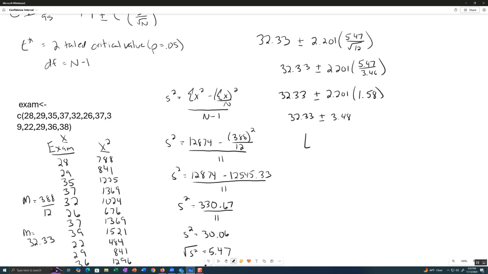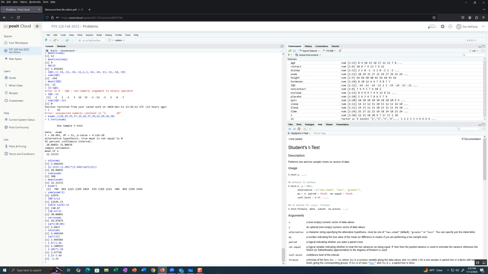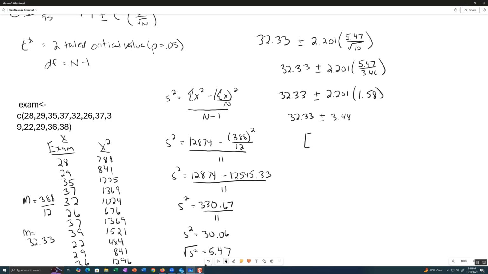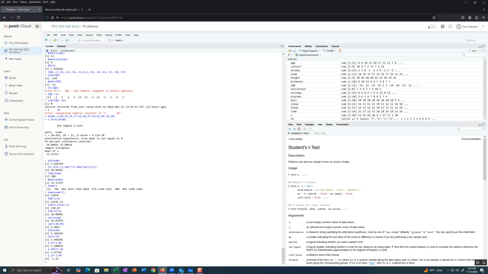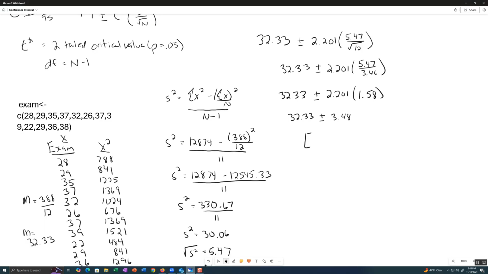So now I'm going to have a lower and an upper value. So 32.33 minus 3.48 is 28.85, the lower boundary.